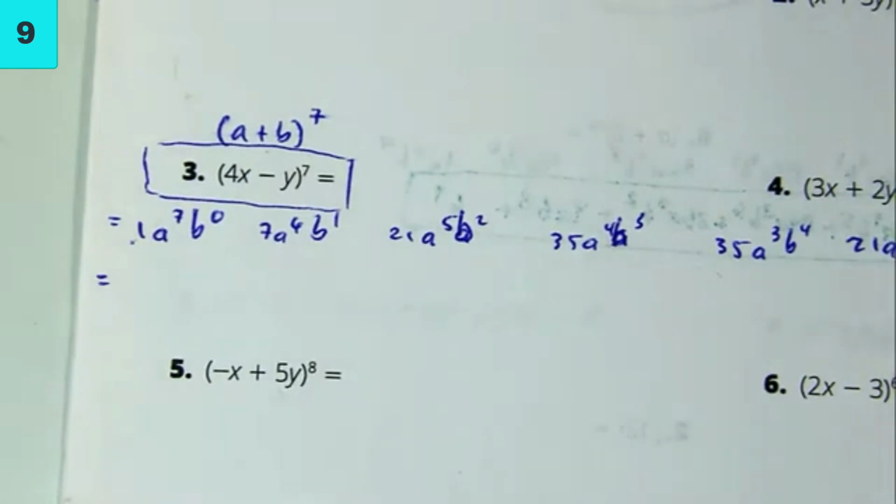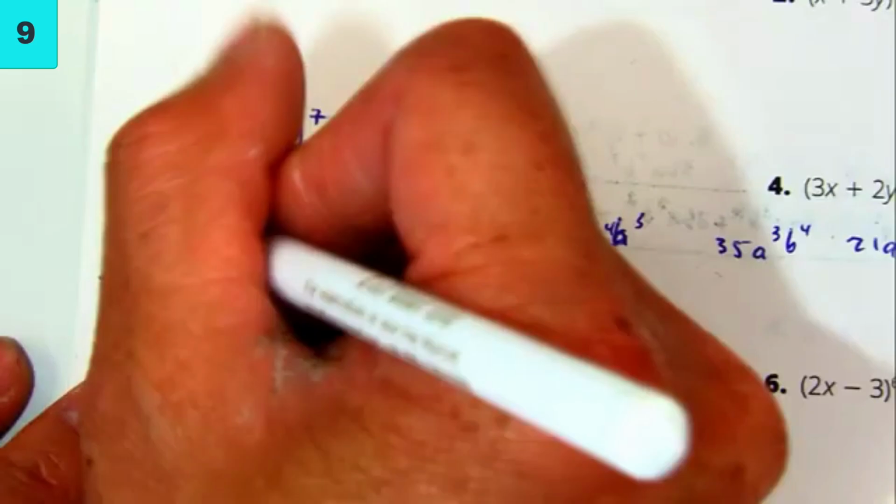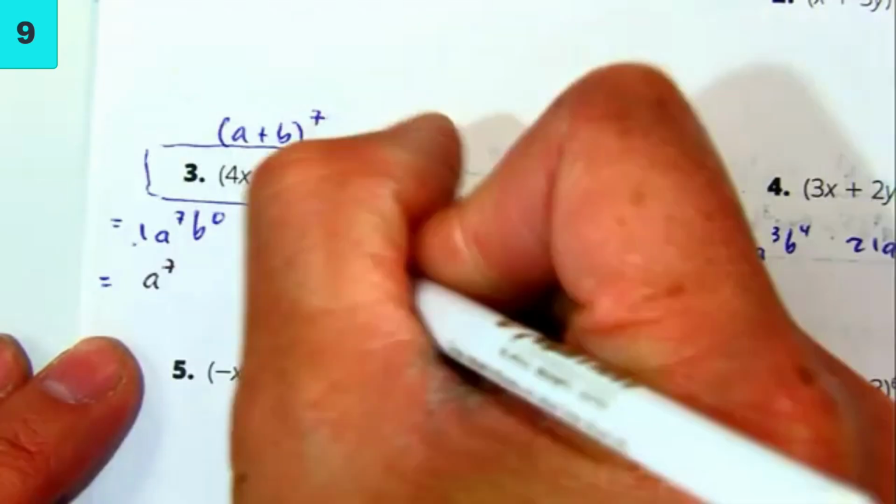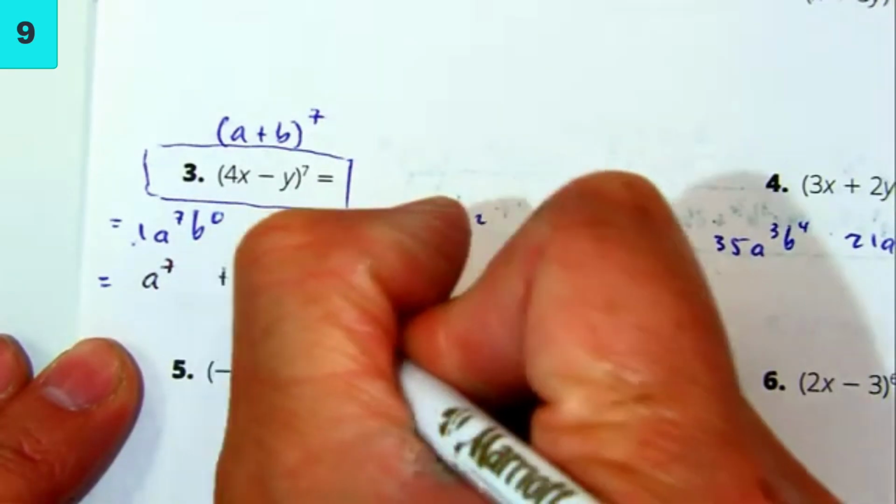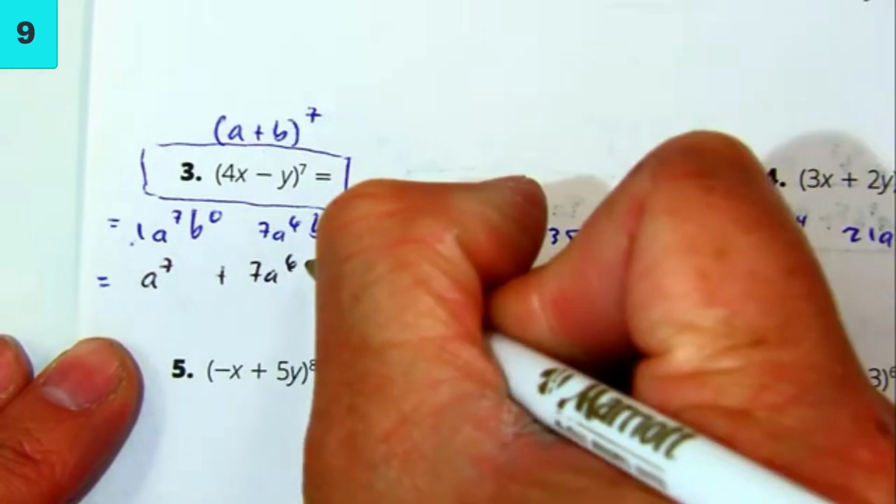Angel R, help us write it without 1s and zeros, and also put in your plus signs. Daphne? A to the 7th plus 7 A6 B. Good.